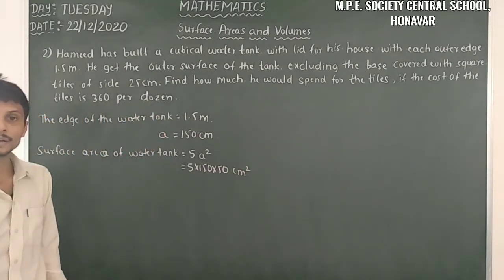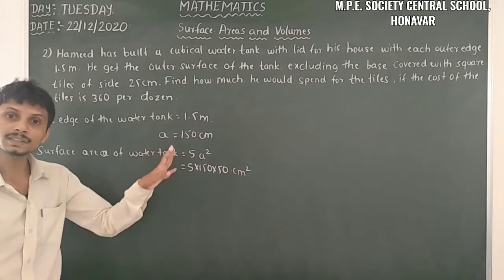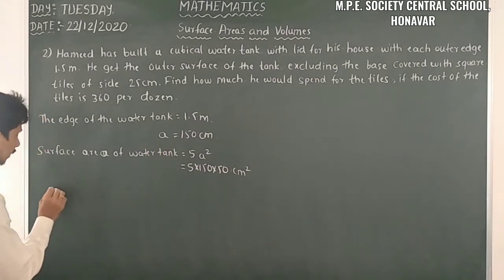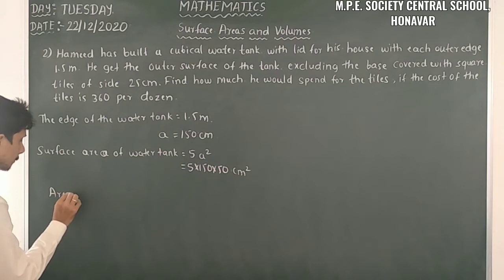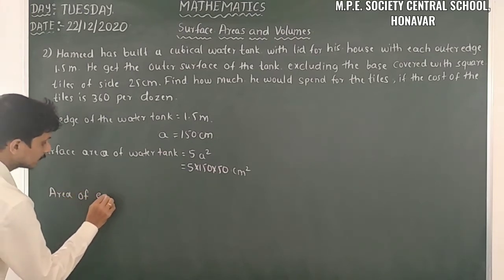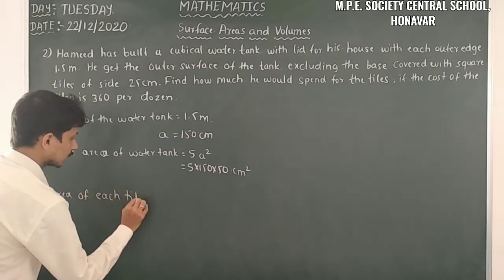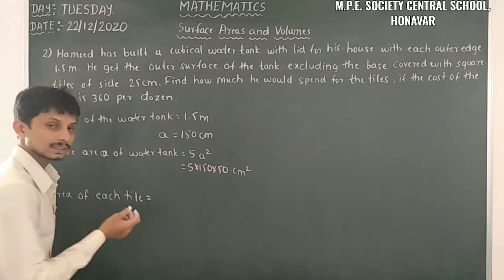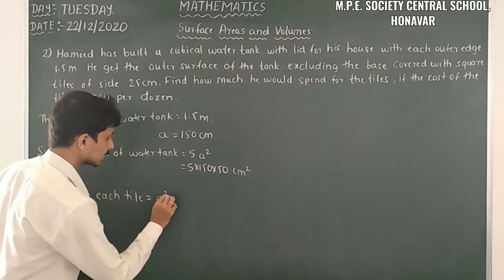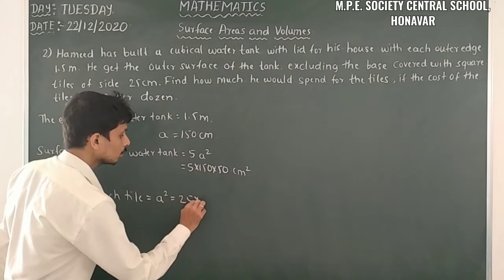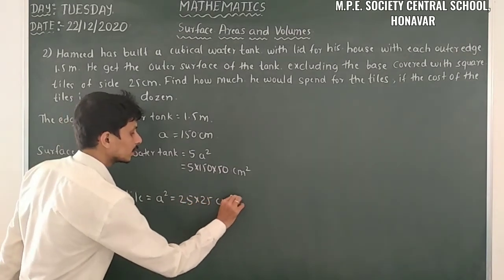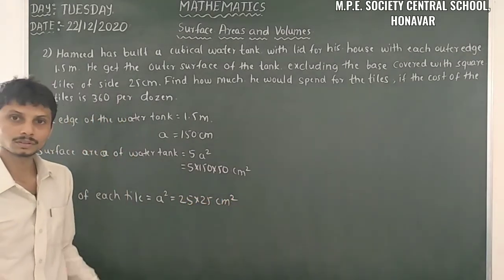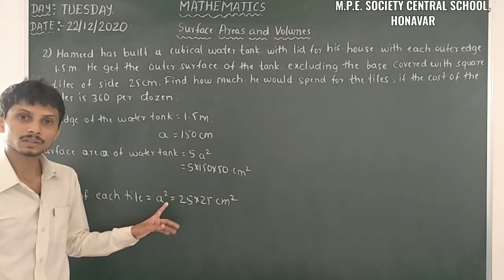Then what is the area of each square shaped tile? So let us find it. The area of each tile is, since it is square shaped, we can take it as a square. That is 25 into 25 centimeter square. Then we have to divide those things.